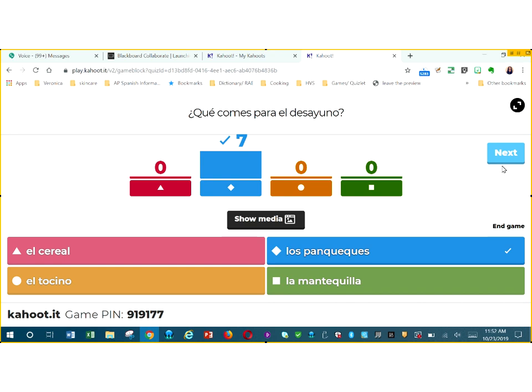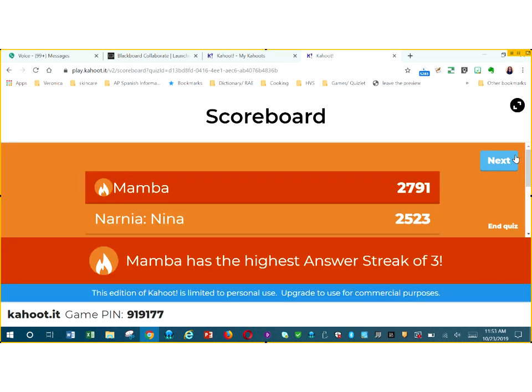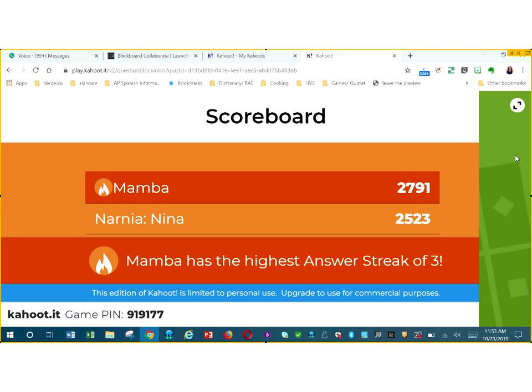The one that you may not know, that you may want to put on your note-taking guides, is el tocino, which is bacon. And la mantequilla is butter, but that's also Latin. Cereal is already in the lessons. I don't think tocino is. Ooh, on fire. Mamba has the highest answer streak of 3.